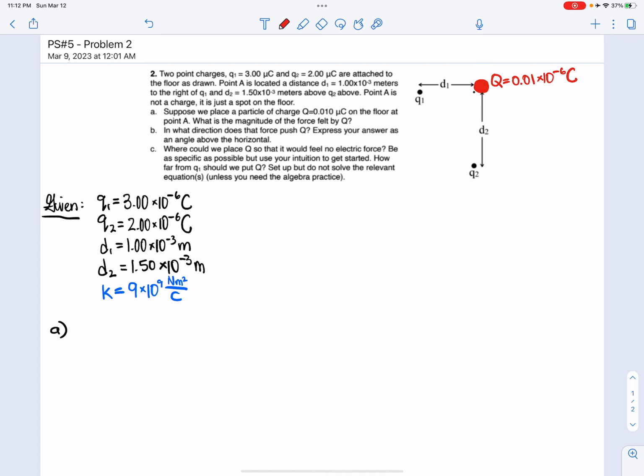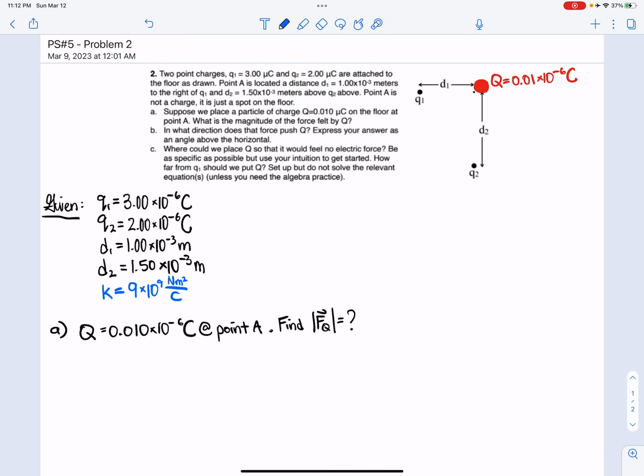So Q equals 0.01 times 10 to the minus 6 coulombs, located at point A. Find the magnitude of force felt by Q.